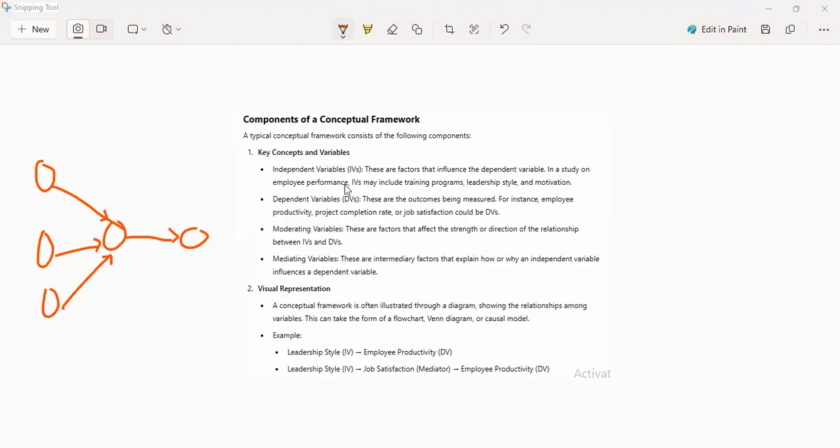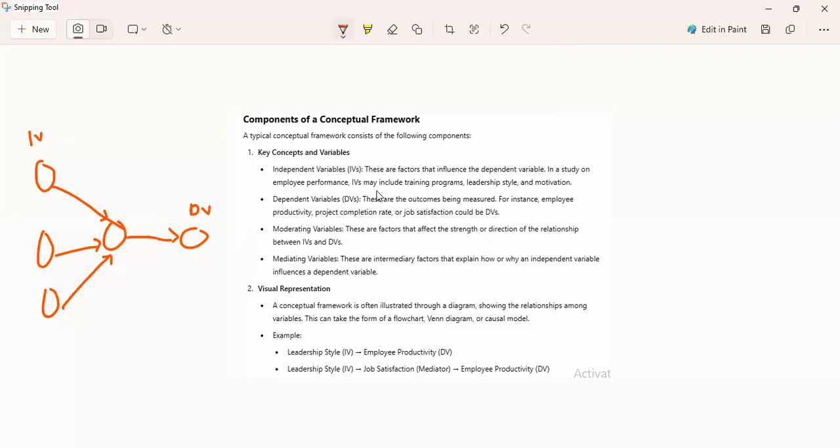So we have the outcome, which is the dependent variable, called this DV. The input, the factors that influence the dependent variables, you can call that the IV, independent variables. So for instance, we're looking at a study of employee performance.